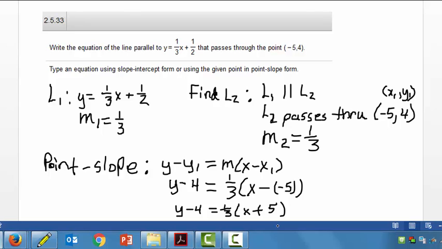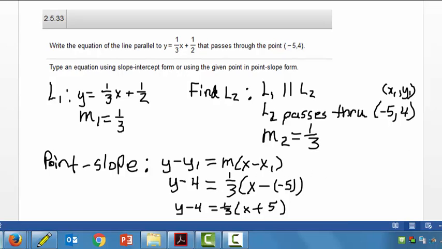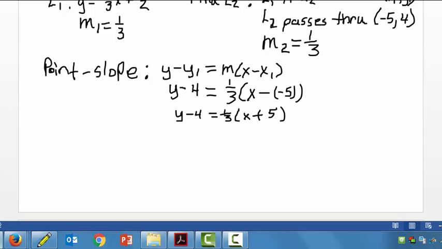So the instructions say type an equation using slope-intercept form or using the given point in point-slope form. So this is point-slope form. And then typically, because of the way the instructions read, I could either give the slope-intercept or point-slope form.